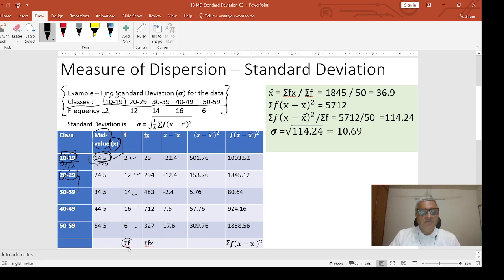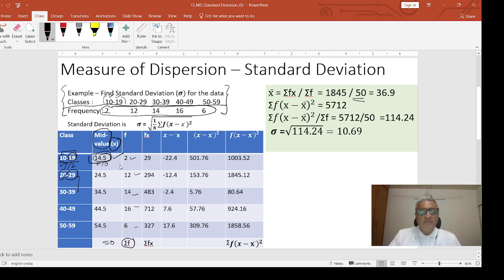If I take sigma f, it comes out to be 50. So there are a total of 50 elements in this data set, distributed in such a way that 2 elements are between 10 to 19, 12 elements are between 20 to 29, 14 elements are between 30 to 39, and so on.